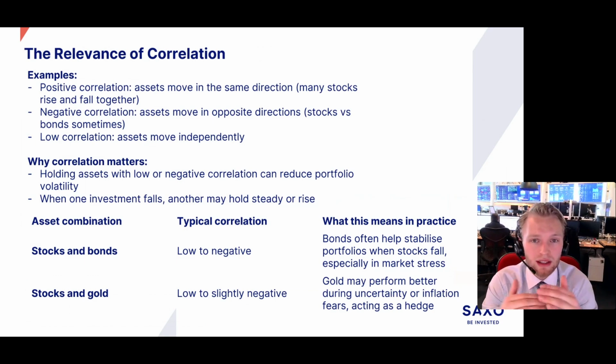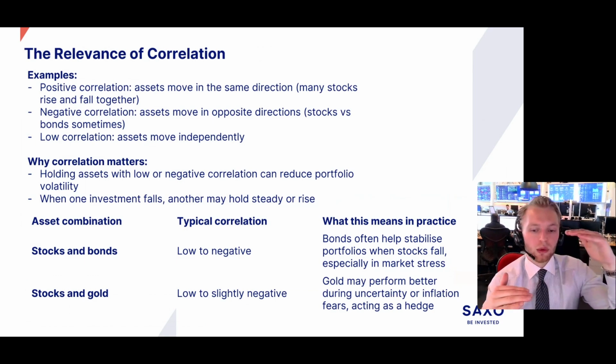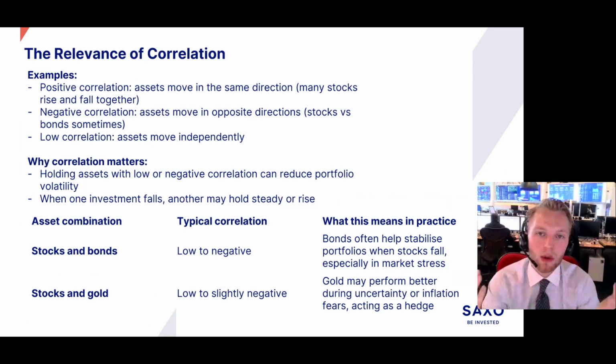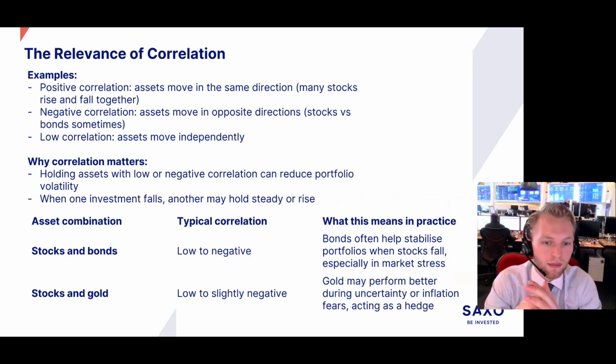So the idea is to have some that will move in the other direction, or perhaps be status quo if other assets perform badly. So that's the whole idea of having this correlation aspect in your mind when structuring your portfolio.